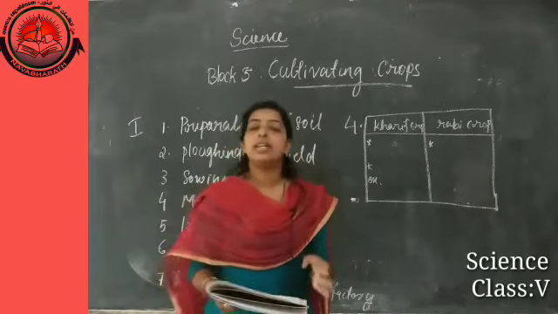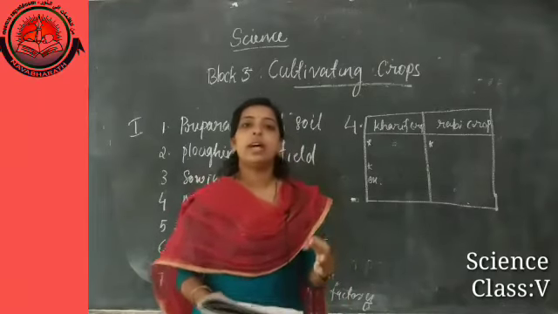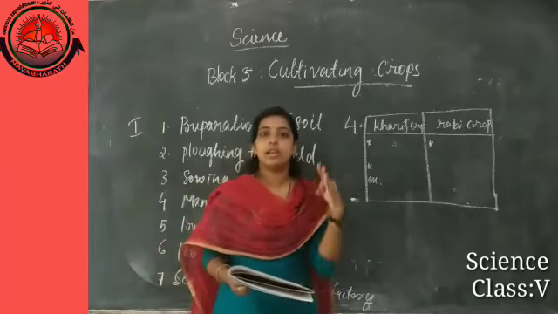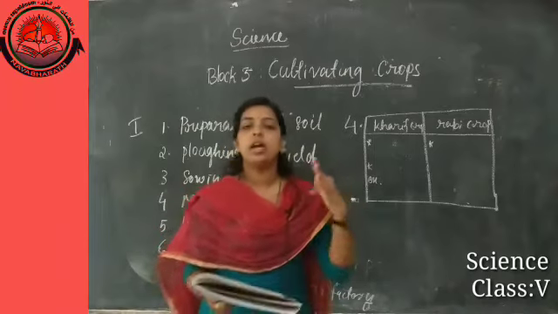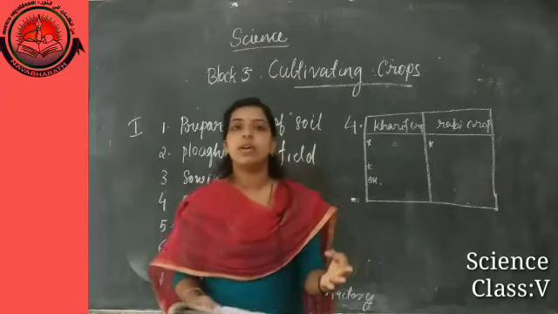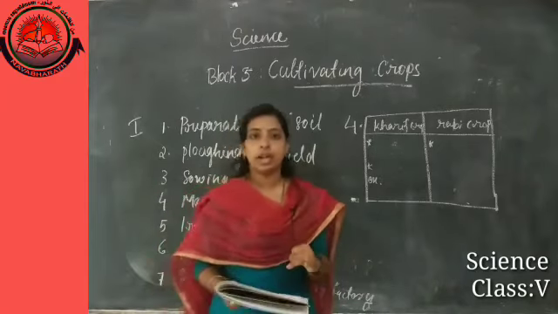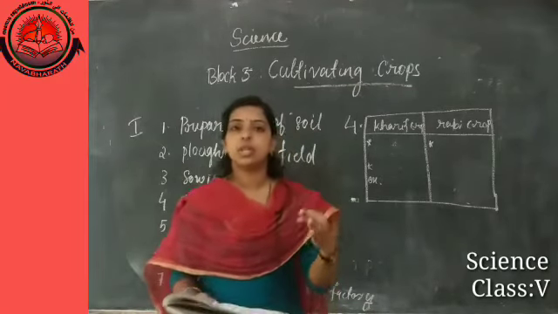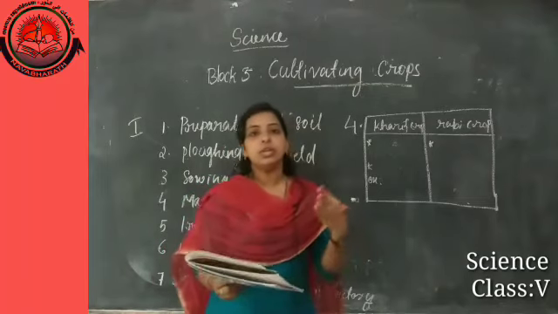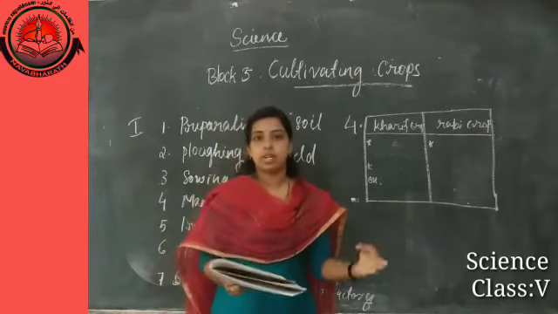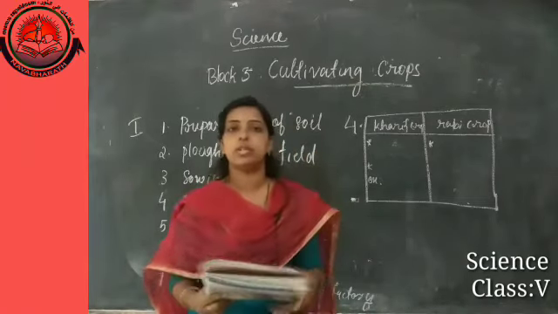And the third thing is that it can provide the right amount of nutrients. The key nutrients we already learned: potassium, phosphorus and nitrogen. It will provide the key nutrients in the right amount. So like this, 3 points you can write.